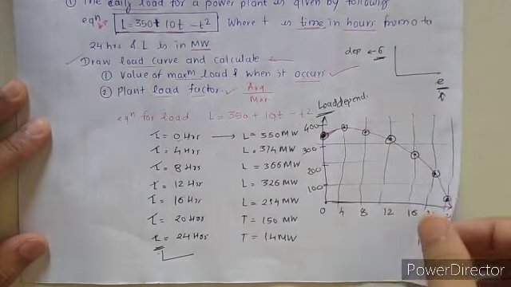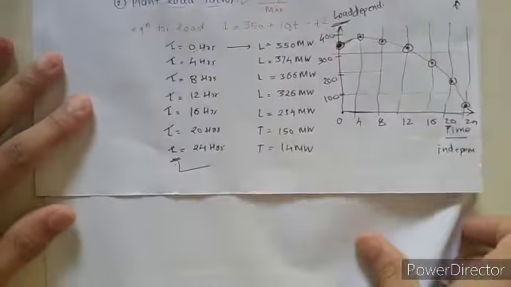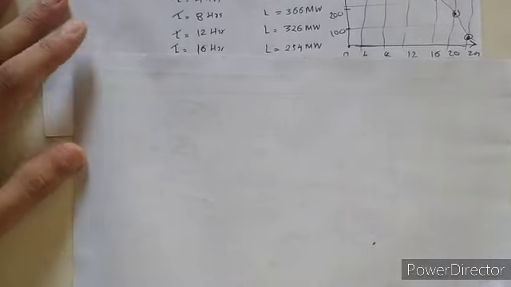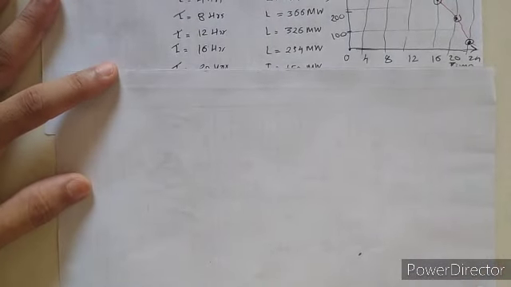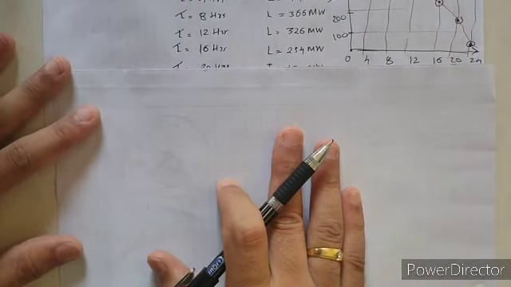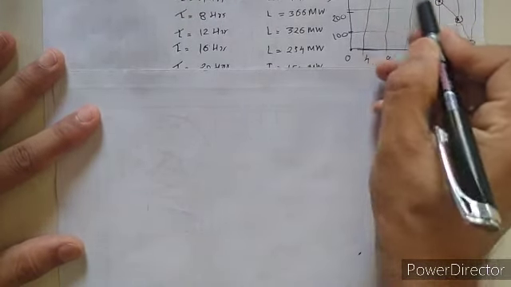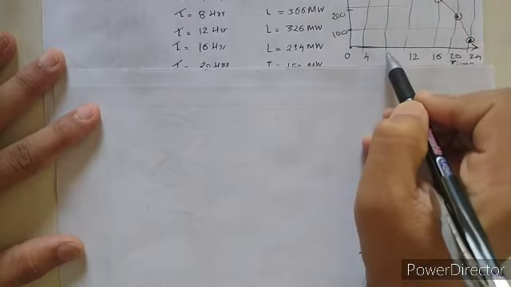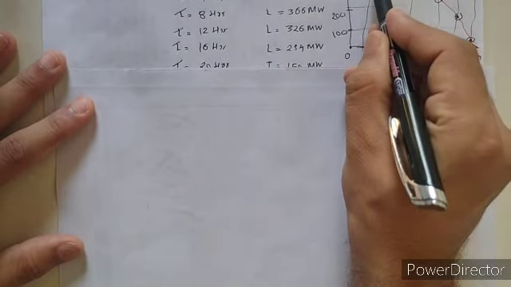Now they have asked what the value of maximum load is and when it occurs. With the help of this load curve we can calculate the maximum load. Somewhere it will be here.